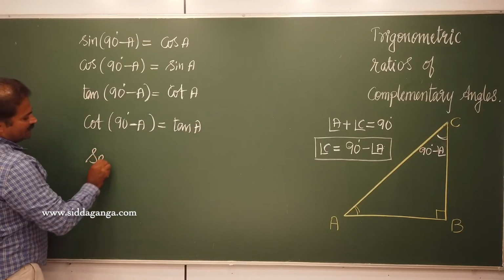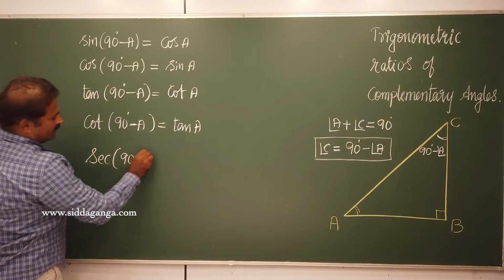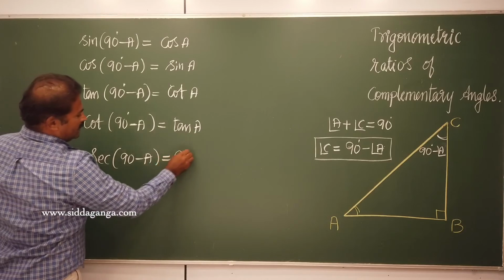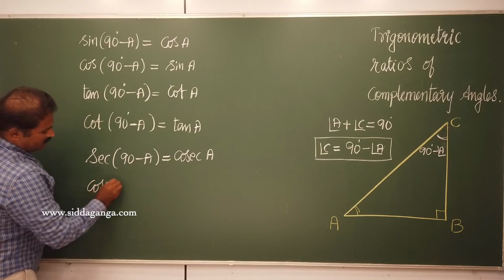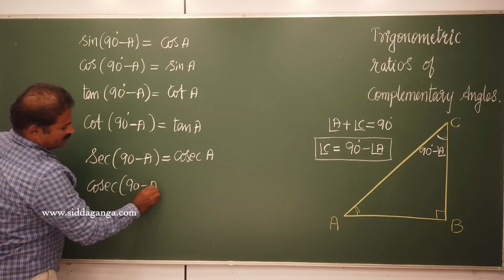And what about secant(90 minus A)? It's cosecant A. And what is cosecant(90 minus A)?